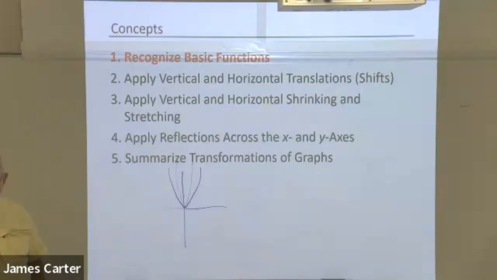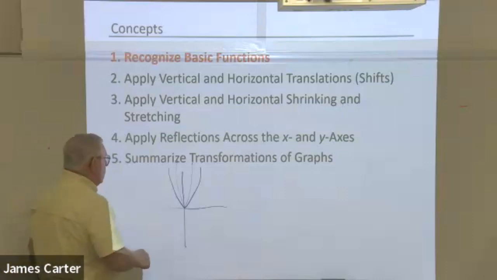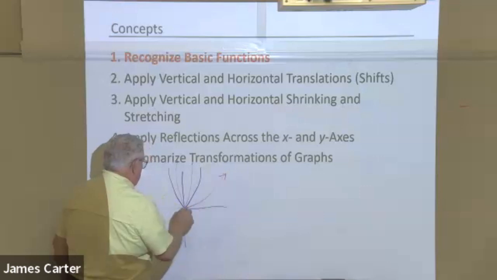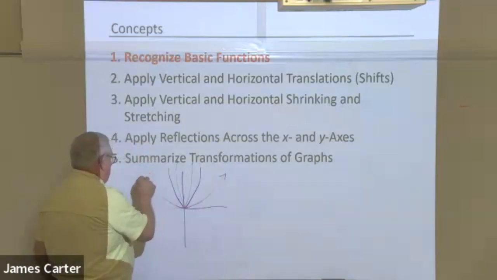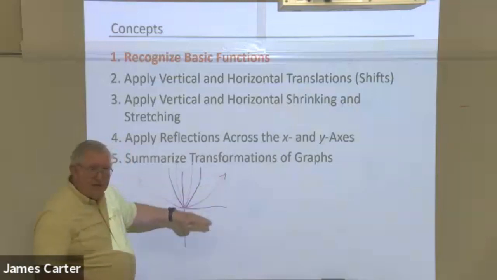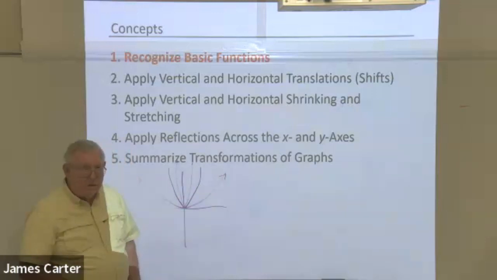Do you understand that? And it depends on which way you come from in some notation that we'll talk about. Okay. What about this one? Well, that one is horizontally stretched and doesn't go up vertically as quickly.